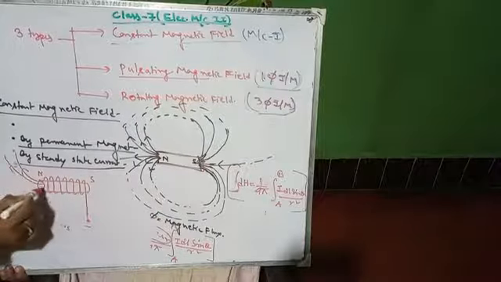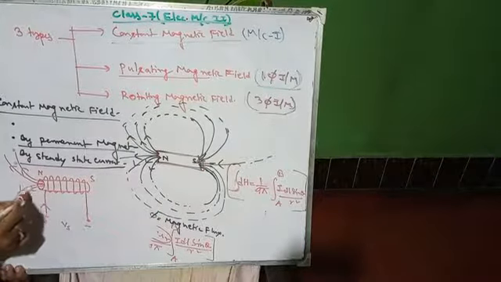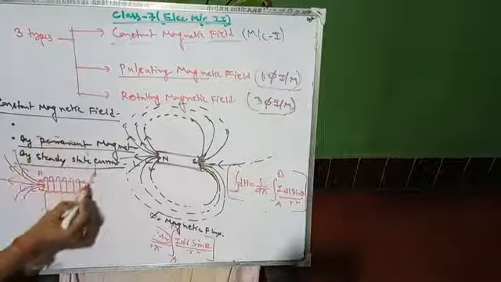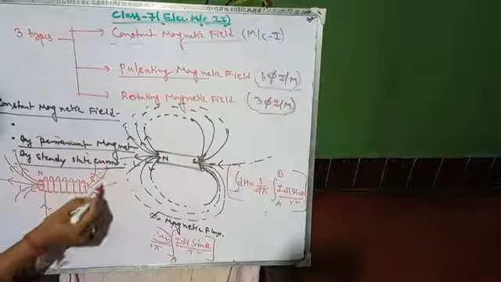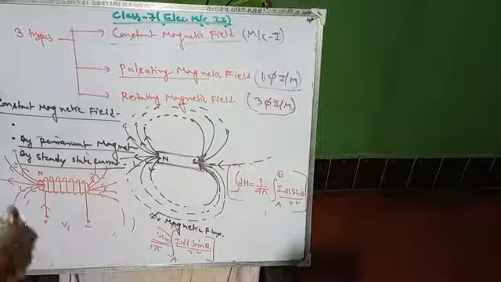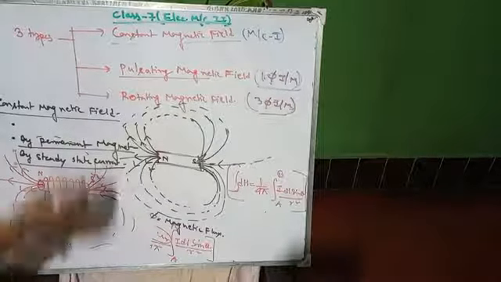From here it will release the magnetic field, and after traveling a certain distance it will be absorbed by the corresponding south pole. This concept is very easy, I think.